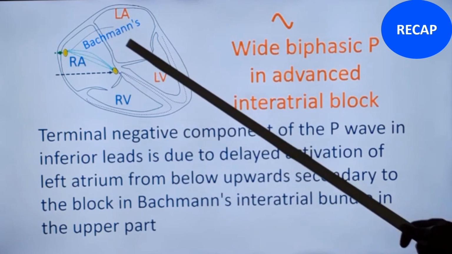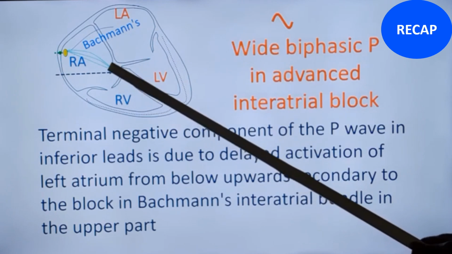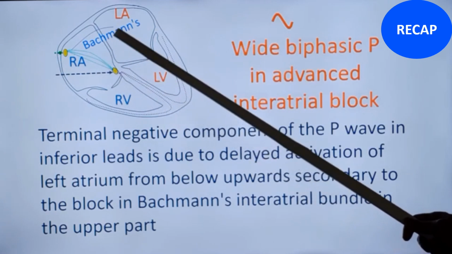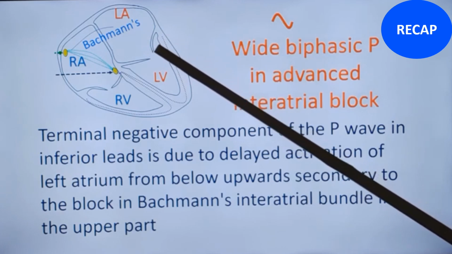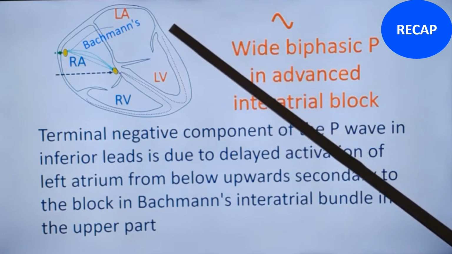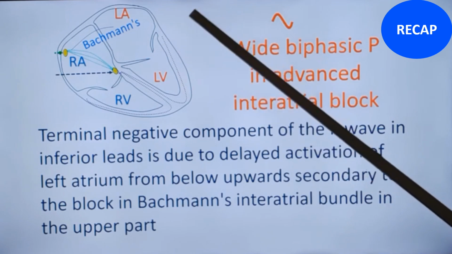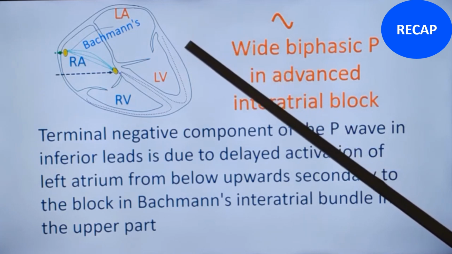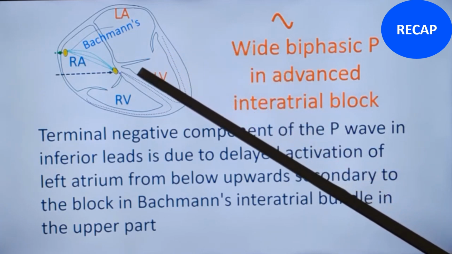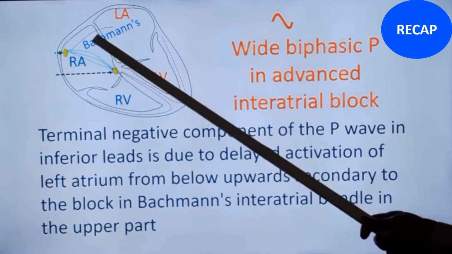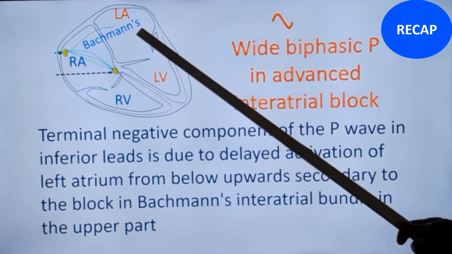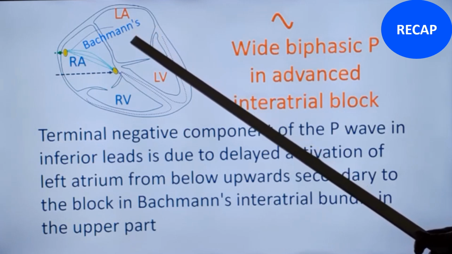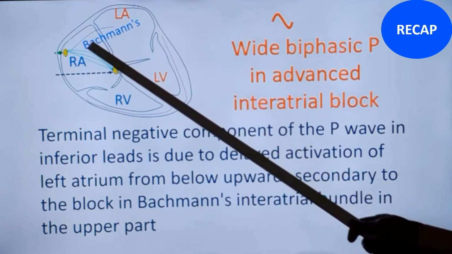So both these activations are downwards, even though initial part is due to right atrium, second part is due to left atrium. That's why in left atrial enlargement, the P becomes notched due to extra activation in the latter part of the P wave. While when there is a Bachmann's bundle block, there is again delayed activation of the left atrium, but in a different direction when the bundle is totally blocked.